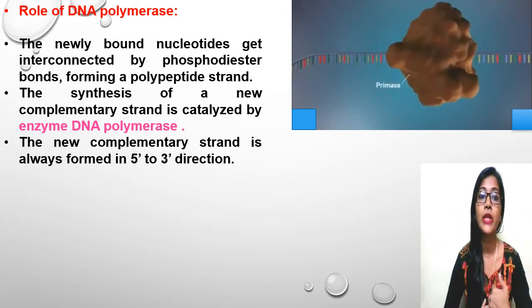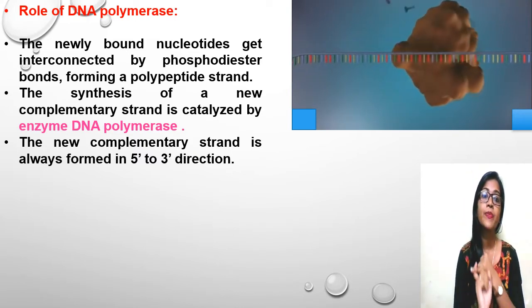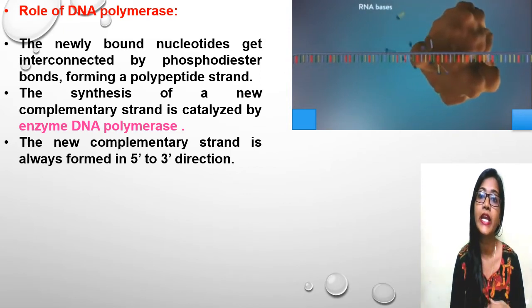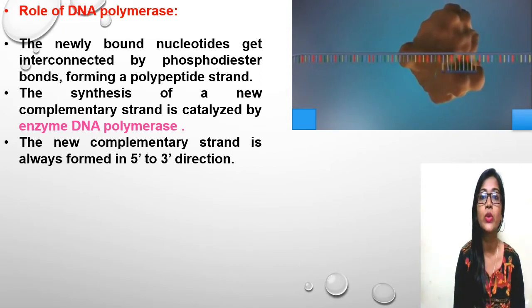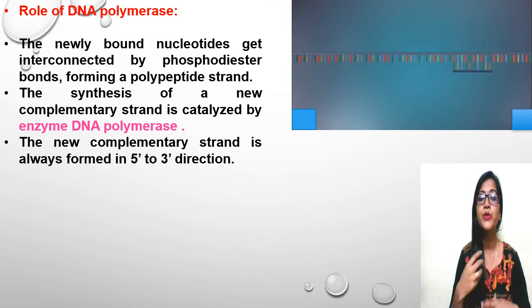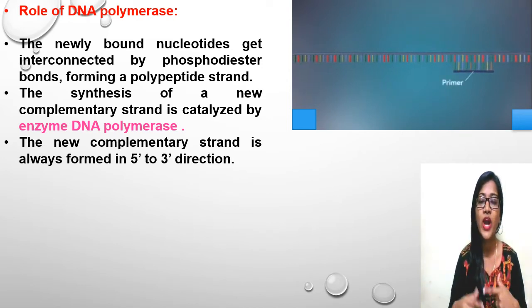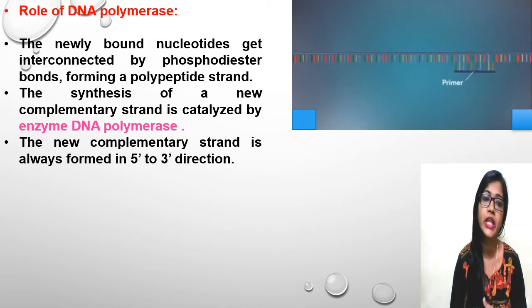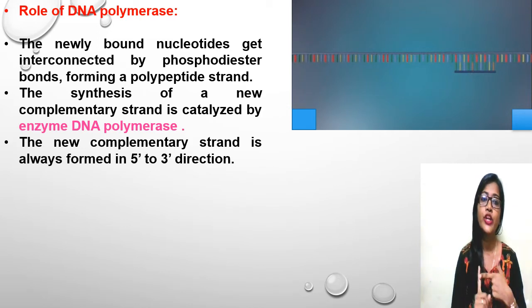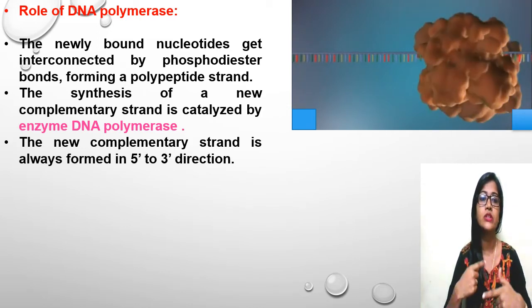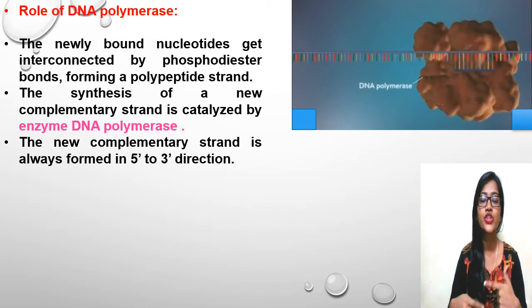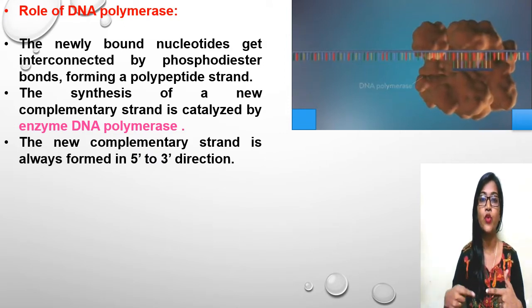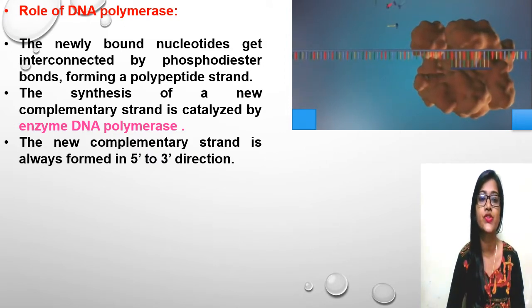So before replication can take place, an enzyme called helicase unwinds the DNA. That is again shown in this diagram. See how beautifully the helicase unwinds the supercoiled DNA molecule from its tightly woven, tightly packed, twisted structure.